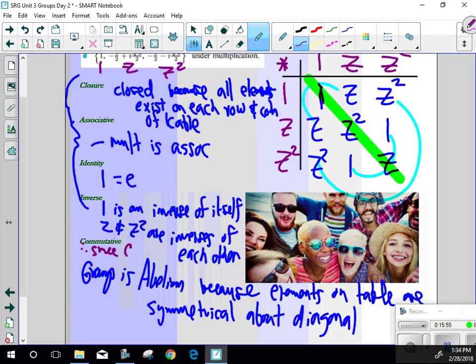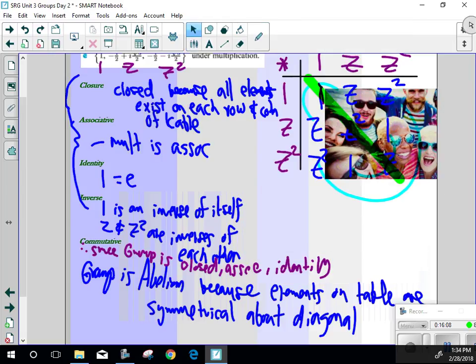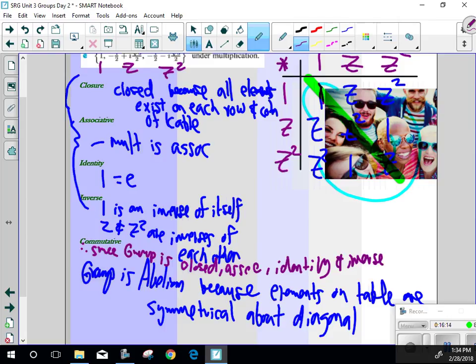Since the group is closed and associative, has identity, I don't like writing on their faces, I feel bad, and inverse, it is a group. Ta-da!